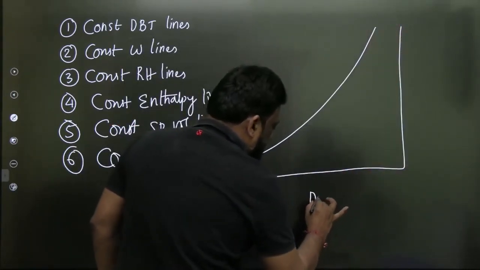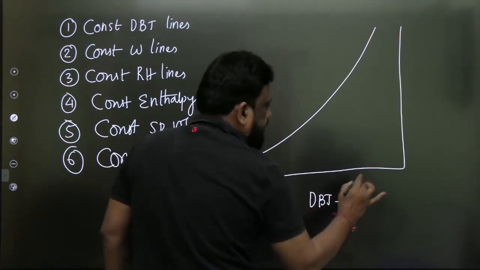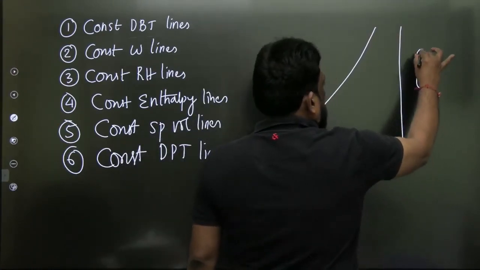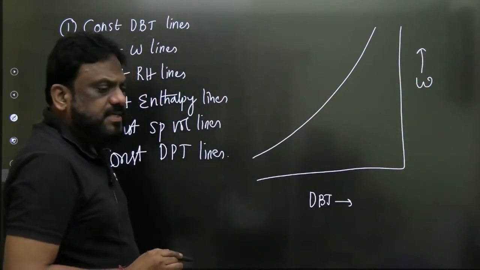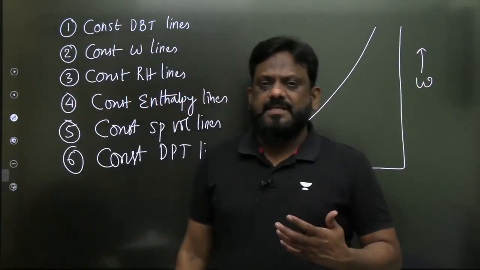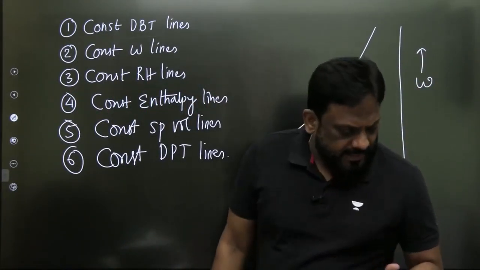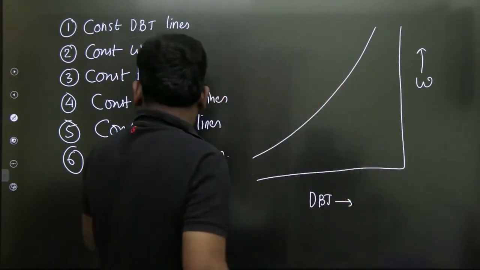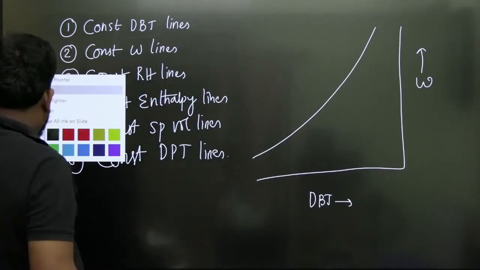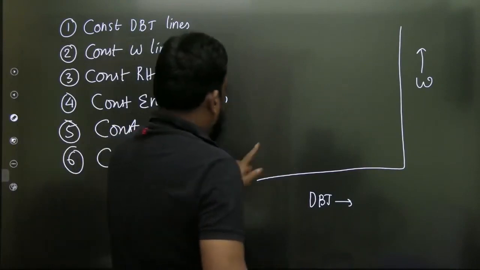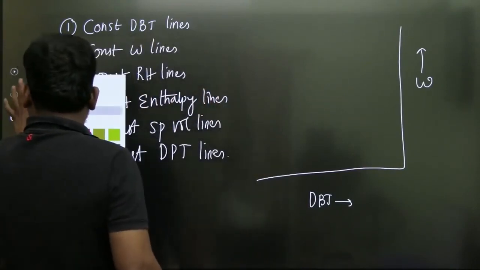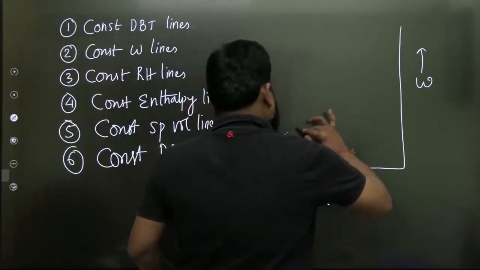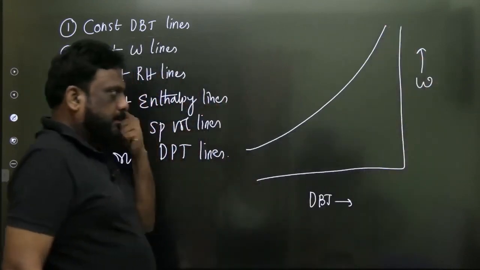चलो. Now. Here we have dry bulb temperature, and here you have omega. देखो. Someone asked me, sir, can you please explain about relative humidity lines? No problem, I'll explain. Let me explain. Listen.